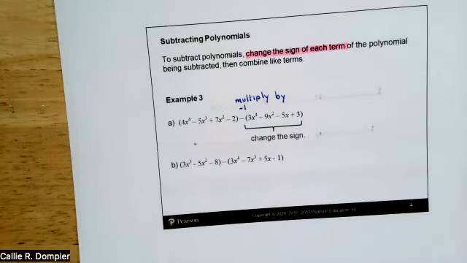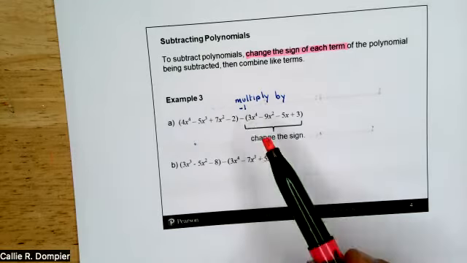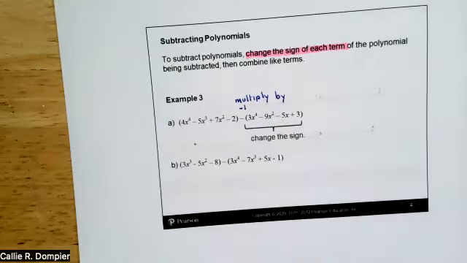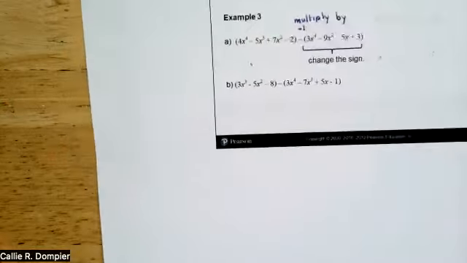So I'm either multiplying by negative 1 or I'm just taking that positive 3, changing it to a negative 3. Negative 9 becomes positive, negative 5 becomes positive, and 3 becomes negative. Good.